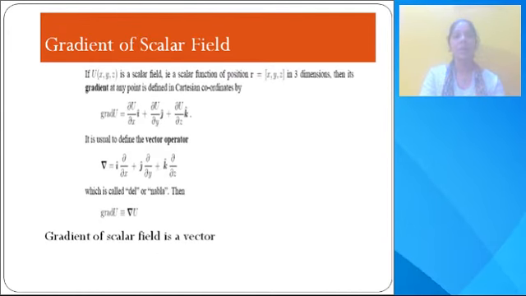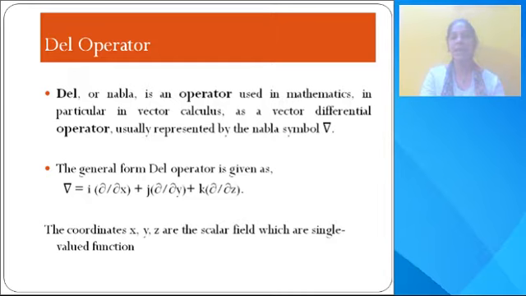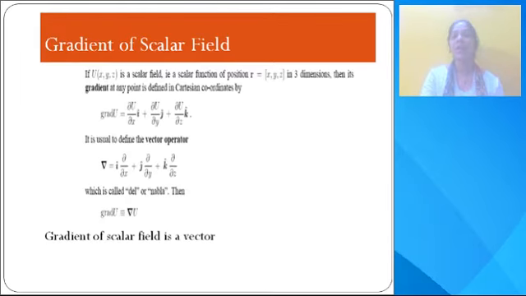Now come to our main point, that is the gradient of a scalar field. As I already told in this slide, del plays a very important role in this chapter. When this del operates with a scalar quantity, it gives you the gradient of the scalar field.